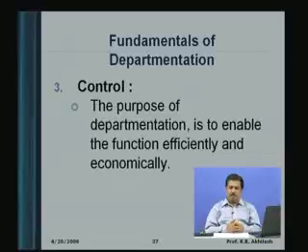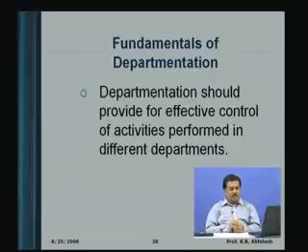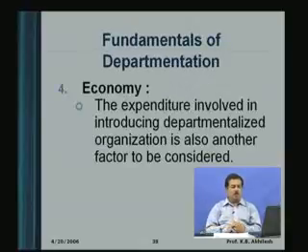So it helps the control function. Very efficiently you are able to see which group is responsible. Departmentation fundamentally should provide for effective control of various activities and effective coordination.